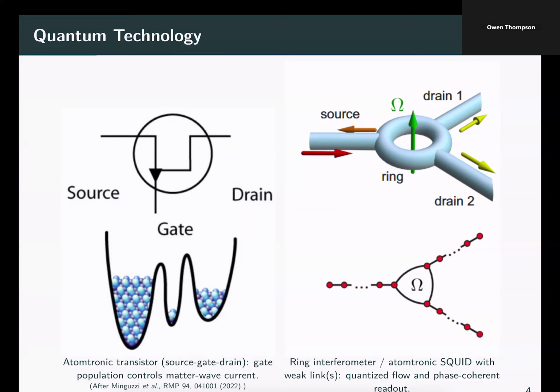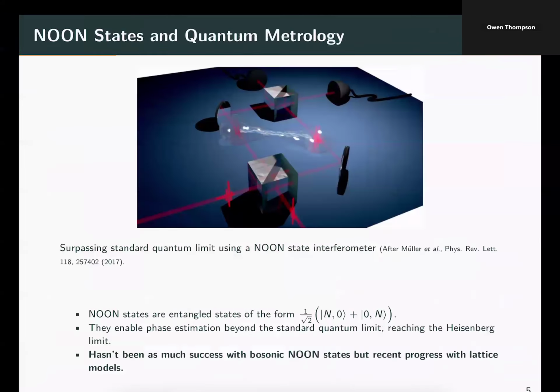And even if what you're building is a continuous system, like this ring interferometer on the right, you can still use lattice models to approximate the response. So it's useful for limits in terms of understanding what's happening and building things. It's also a good minimal quantum environment in which to look for new behavior. NOON states are superposition states where you have a maximum in one observable in one location, and a minimum in the other, and vice versa.